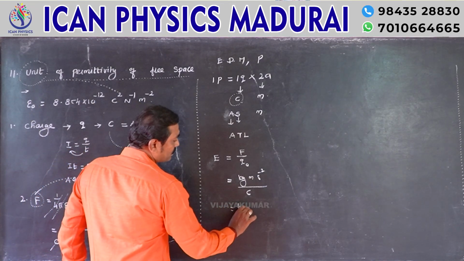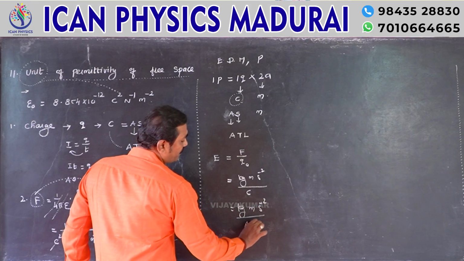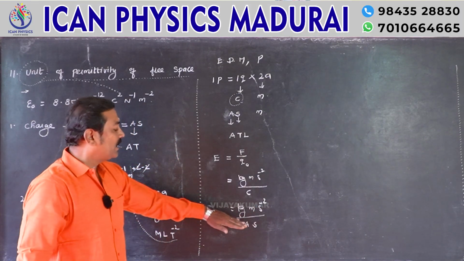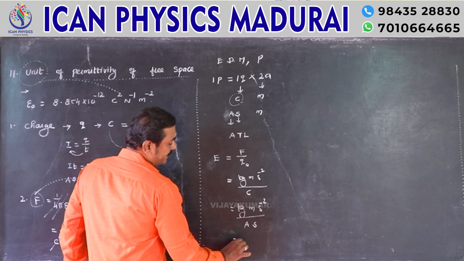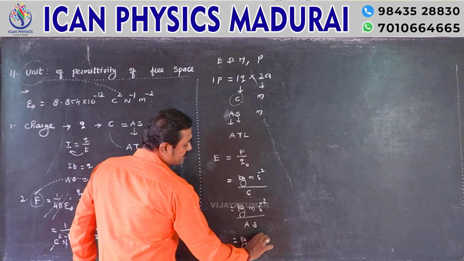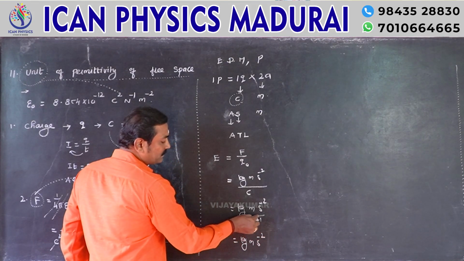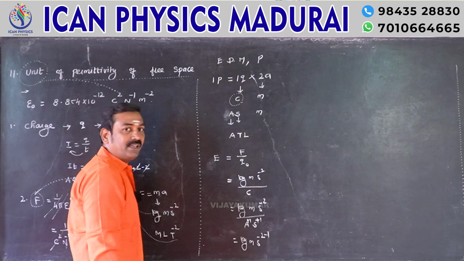Okay. So kilogram meter per second squared divided by ampere second. Okay. Now the denominator value goes to the numerator as inverse. So kilogram meter per second square. Now the plus 1 goes to the numerator as minus 1. In ampere, we are having plus 1.